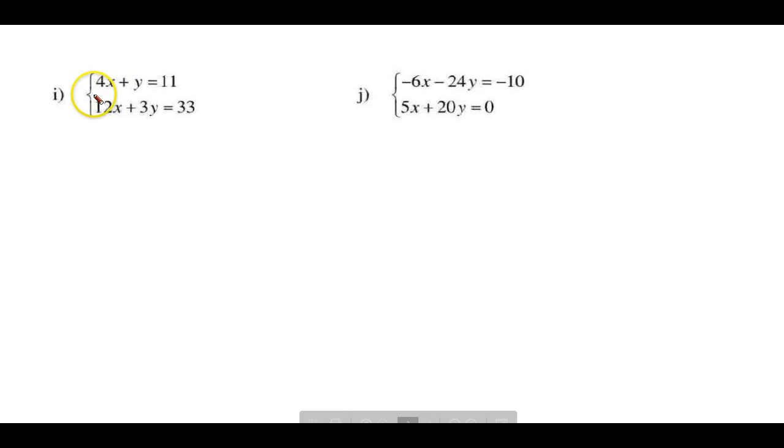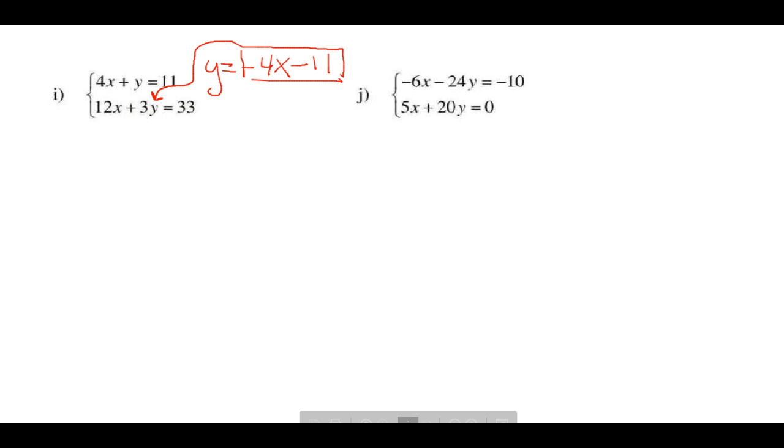Now, in this example, again, we have to solve for y. Y will equal a negative 4x, so we transpose that, minus 11. Now we're going to take this and put it in the other equation for y.